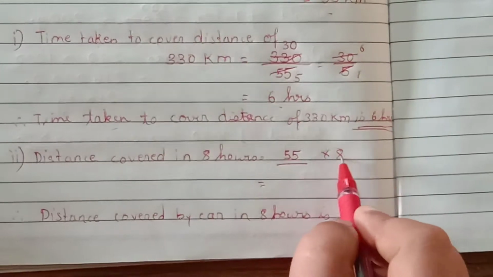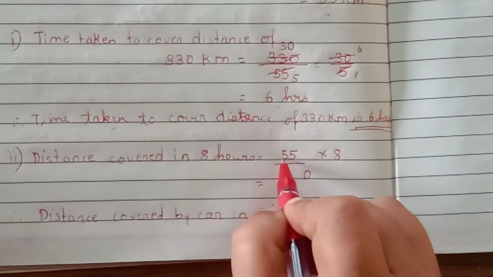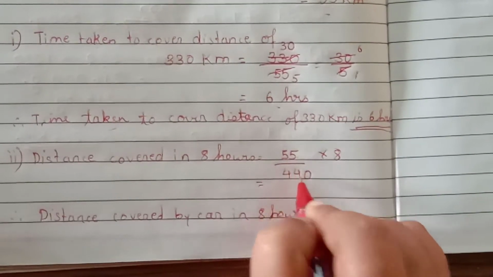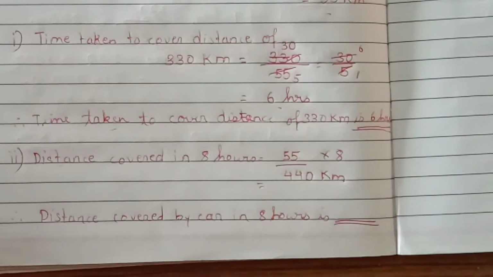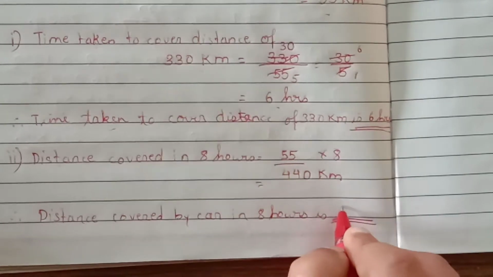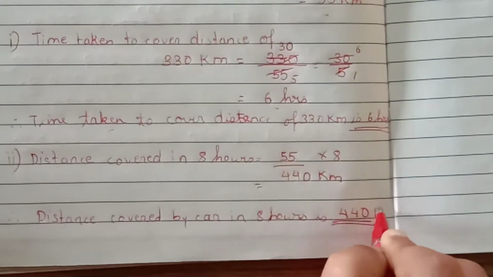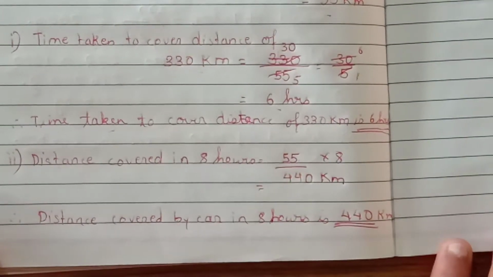Do the multiplication. 8 fives are 40. 4 is there, no? 8 fives are 40 plus 4, 44. Now the unit is distance, no? So the unit will be kilometers. Understood? Therefore, distance covered by car in 8 hours is 440 kilometers. Yes? So did you understand how to solve the sum?